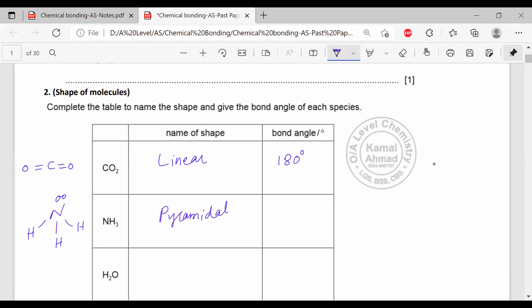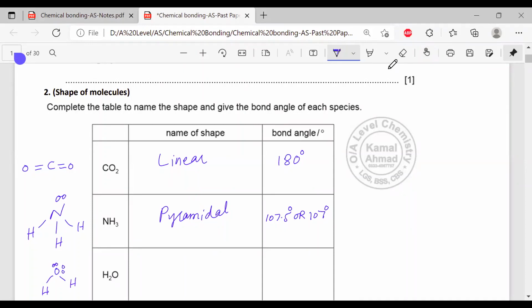And the bond angle is 107.5 degrees, or you may also write 107 degrees. Both values are acceptable. Next is the water molecule. Its shape is this, with two lone pairs on oxygen.